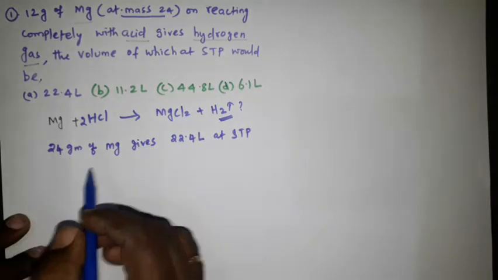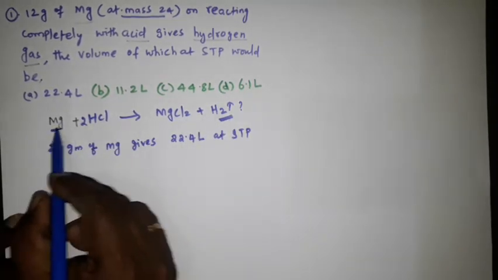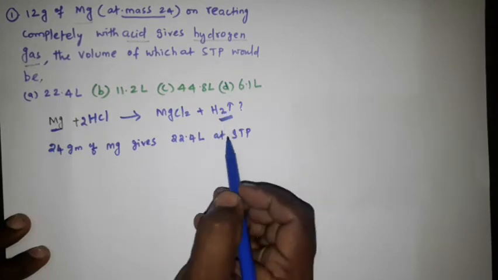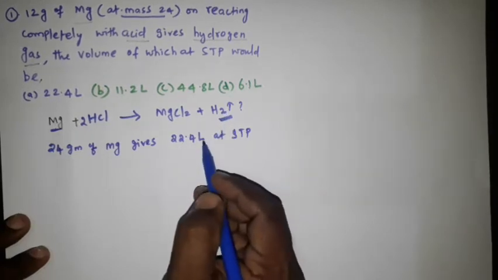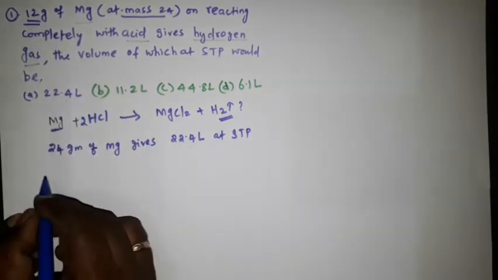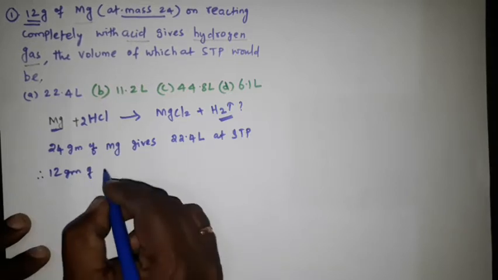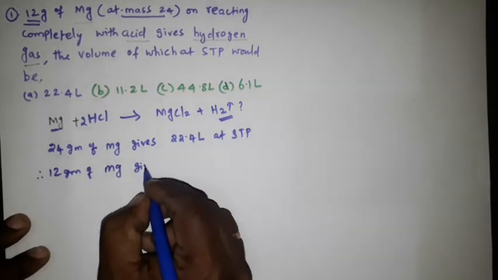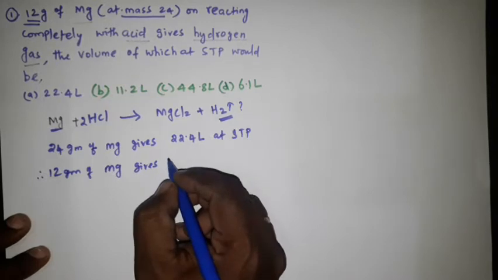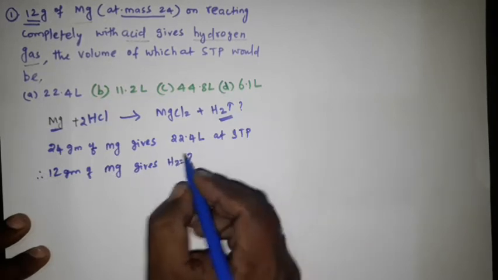So, the molar volume of hydrogen gas for 1 mole of magnesium, magnesium produces hydrogen gas. So, we are getting 22.4 liter. In the question, how many grams? 12 grams. So therefore 12 gram of magnesium gives how much H2? That is the question.